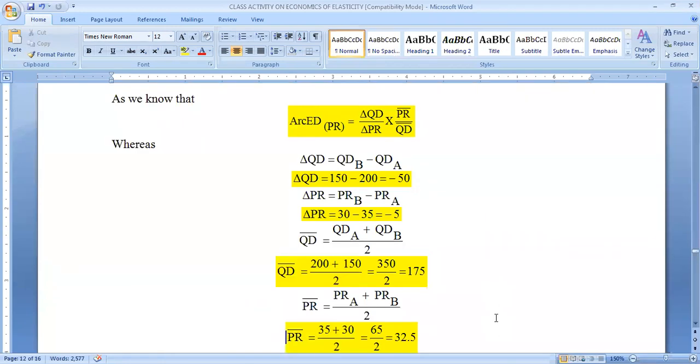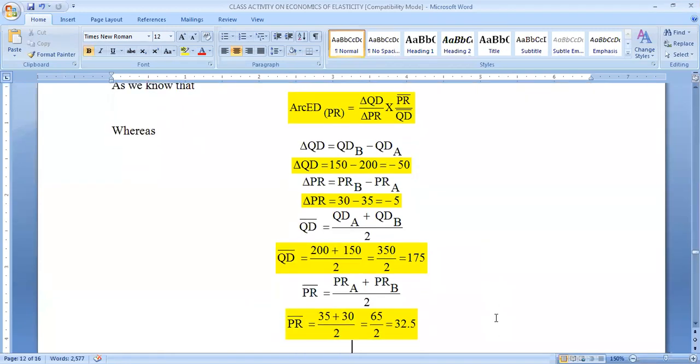Now let's move towards PR bar, which is PRA plus PRB divided by 2. PR bar equals 35 in place of PRA plus 30 in place of PRB. So the sum becomes 65. So 65 divided by 2 gives the answer 32.5, which is the average price of related good of the 2 points.